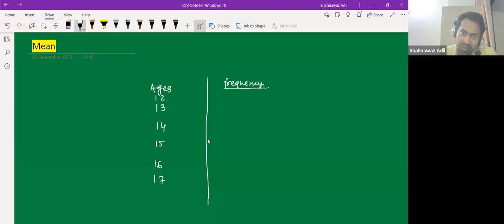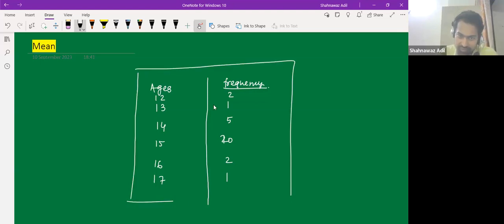Let's say this is 2, this is 1, and 14 is 5, 15 is, let's say, 20, and then this is 2 and this is 1. So this is how you make the data. This is your xi, the ages, and this is your fi, the frequency.